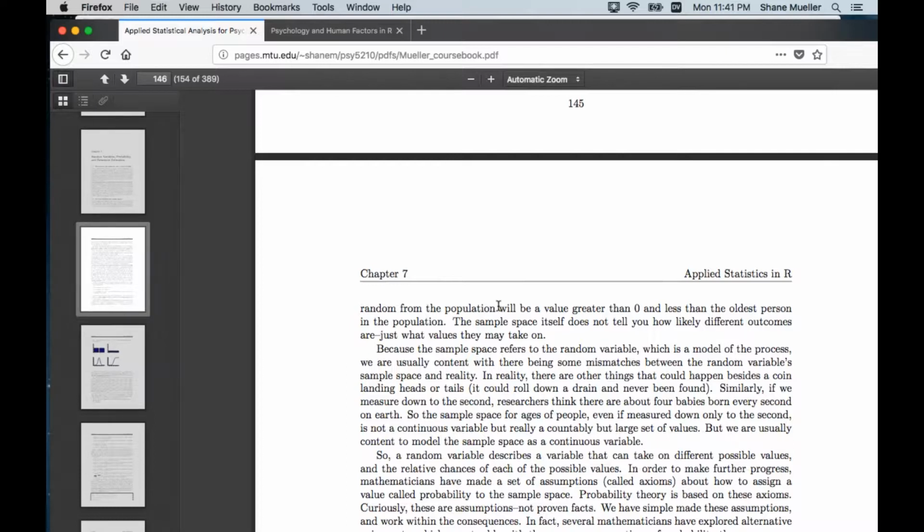You can assign a number to it. The mathematics by which that number is assigned, or specific aspects of that, is called the distribution of the random variable.